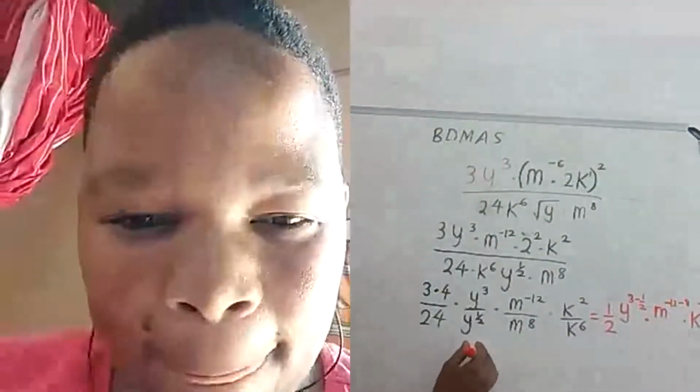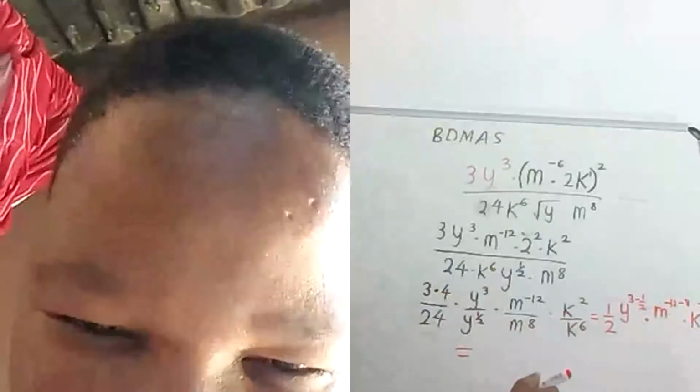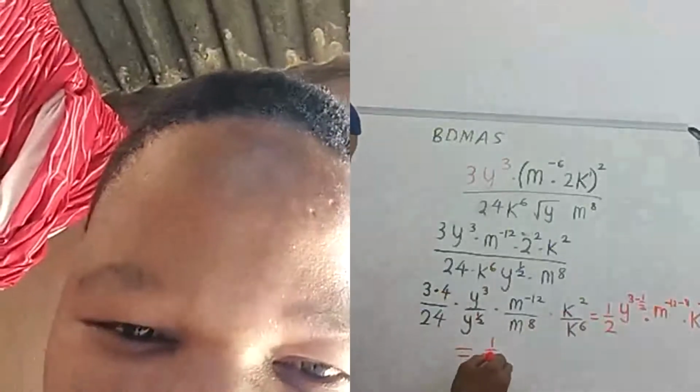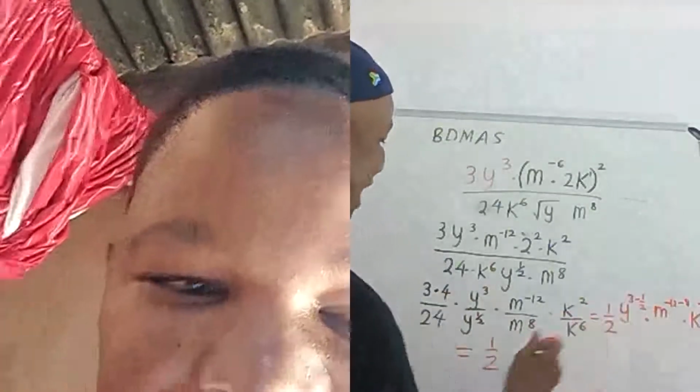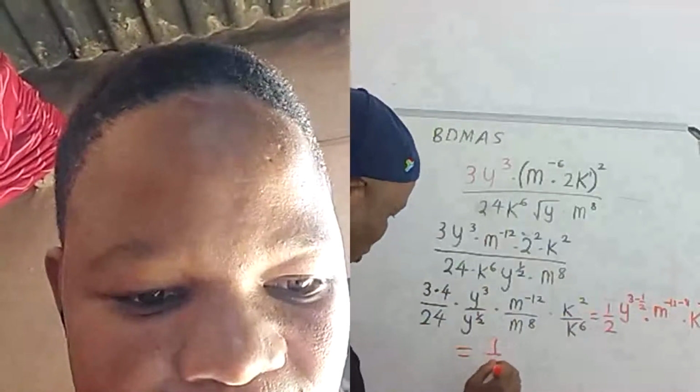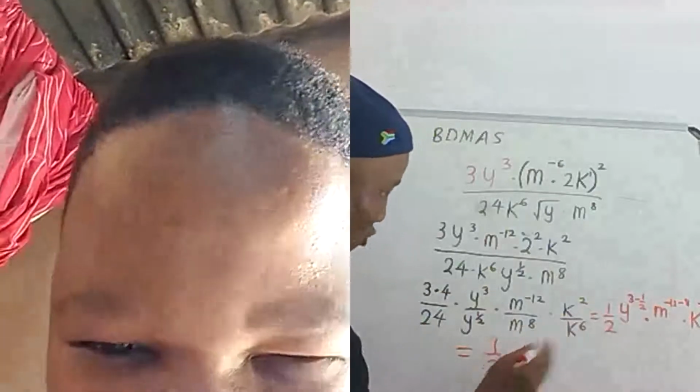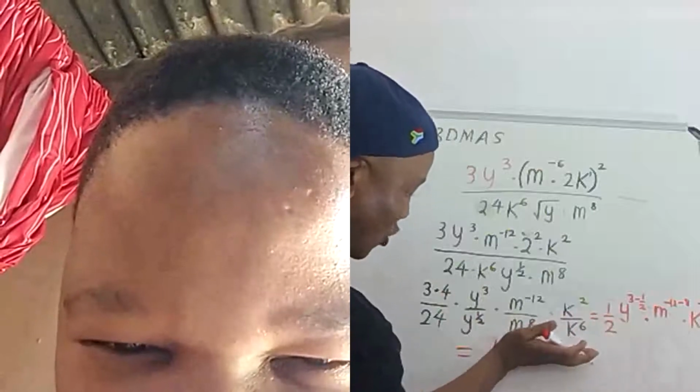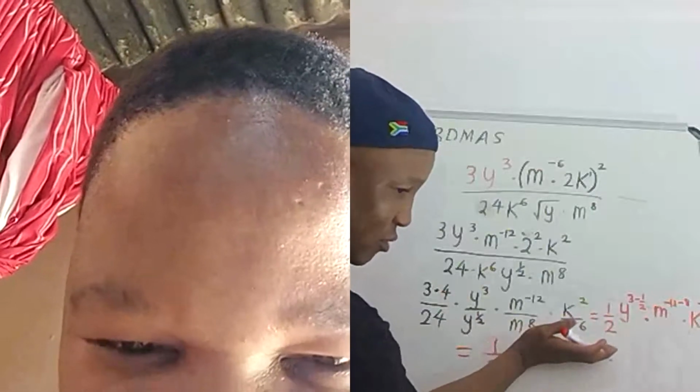So now we're going to say this equal to y power 3 minus 1/2. Look how to write it: whatever you write here when it's over 1, you write on top, not at the middle or bottom, on top.